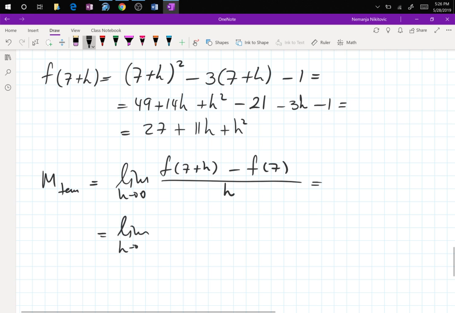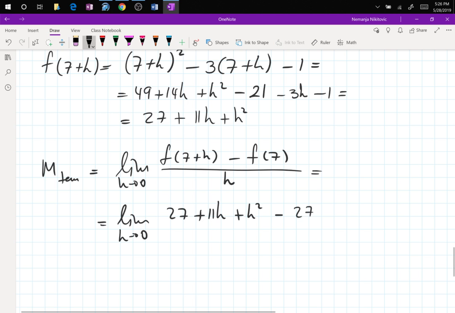We have 27 plus 11h plus h squared minus the f of 7, which was 27, divided by h. 27s now cancel.